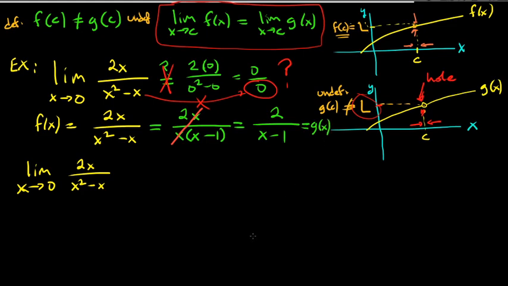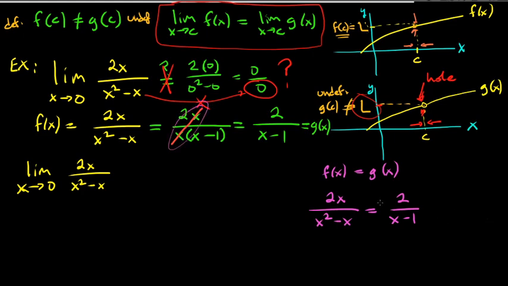Notice that f of x and g of x are essentially equal here. Not exactly, but they are equal for the most part, because all I did was simplify. I factored out the x and canceled the x. You're allowed to do that.